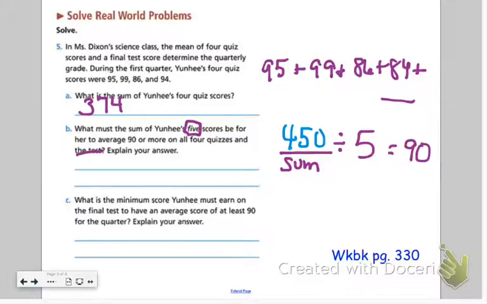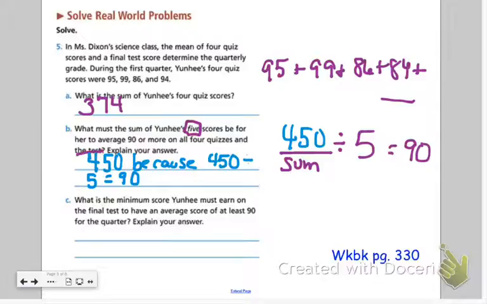Okay? Let's see, 450, because 450 divided by 5 gives us our average of 90.